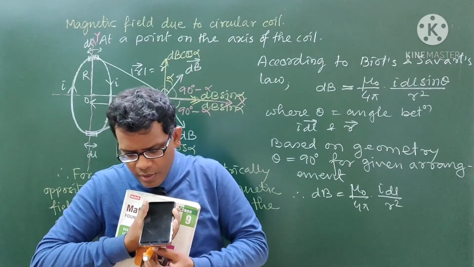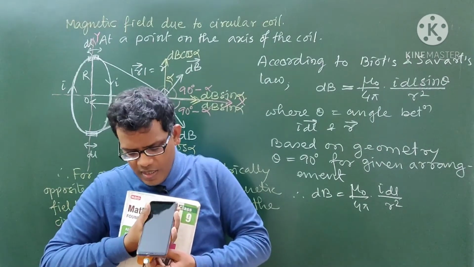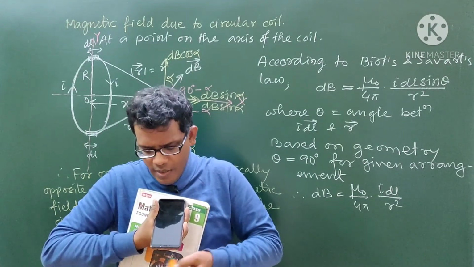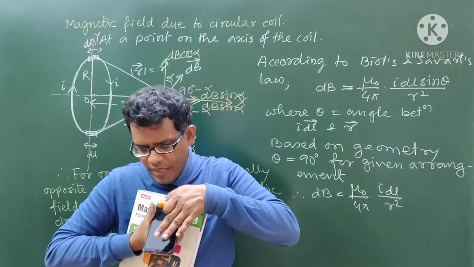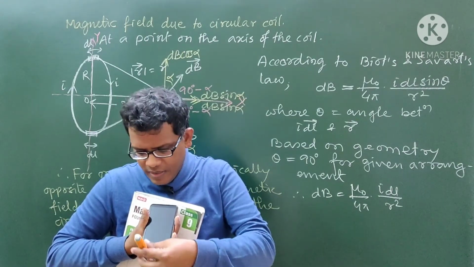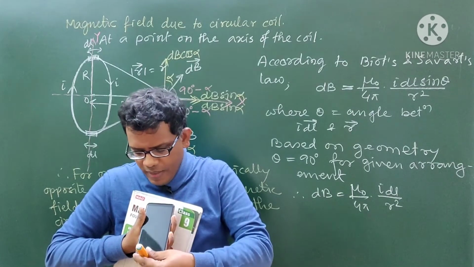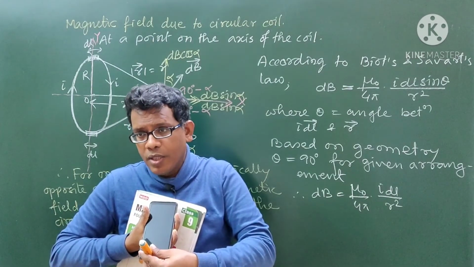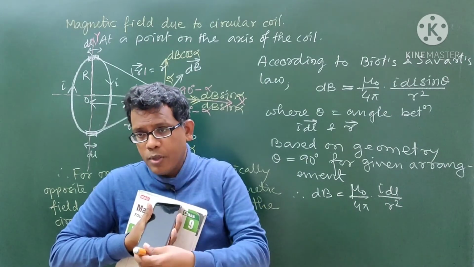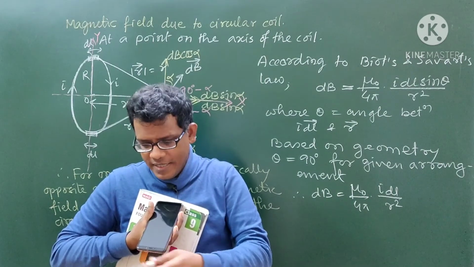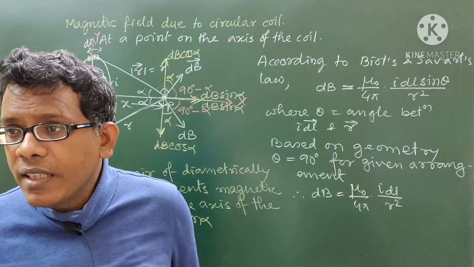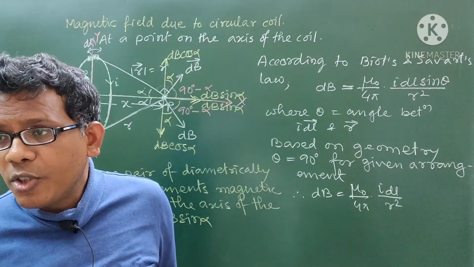The position of the mobile indicates the plane on which this radius vector will lie. So the magnetic field will be perpendicular to the radius vector plane, which is the plane from the current element to the point on the axis. Is that clear now? Do you understand the direction of dB?